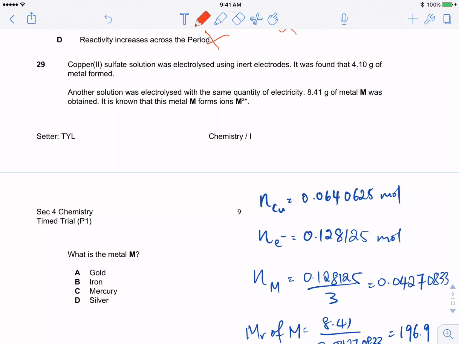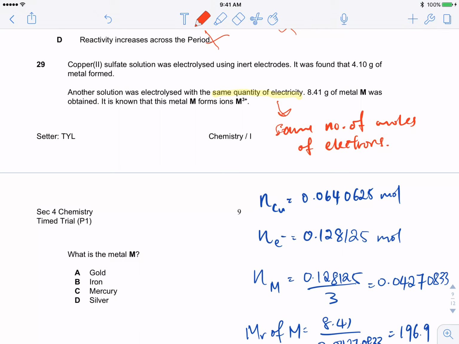Copper sulfate solution was electrolyzed using inert electrode. It was found that 4.10 gram of the metal was formed. Another solution was electrolyzed with the same quantity of electricity. What does this mean? It means the same number of moles of electrons. 8.41 gram of metal was obtained.